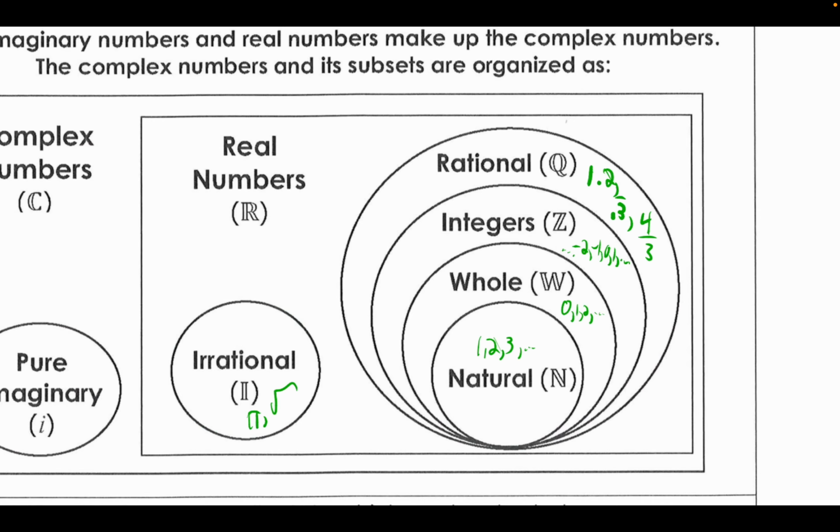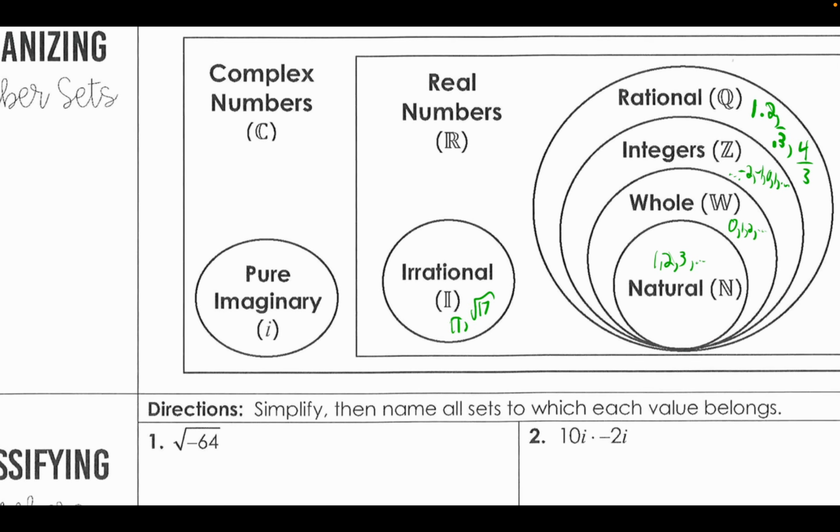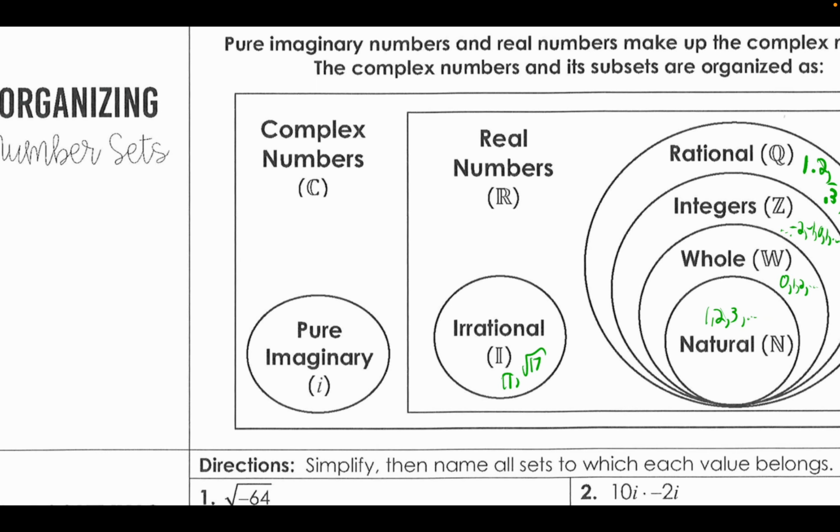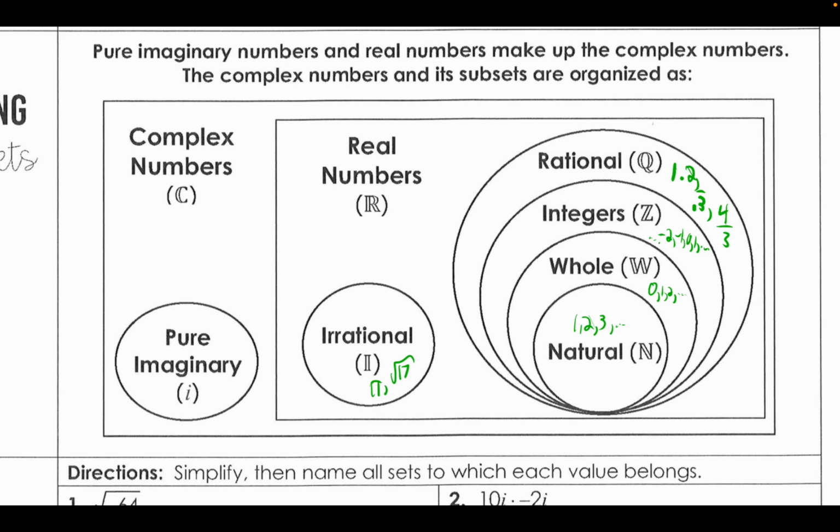Same thing with the square root of 17, for example. Any non-perfect square never ends or repeats. Now the pure imaginary numbers, which we use the lowercase i to represent, would be like i or 5i. And the complex numbers would be numbers like 5 plus 6i, as well as everything before it. So technically the number 1 is also a complex number.